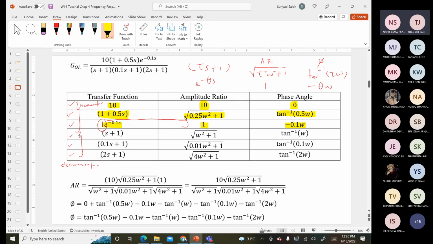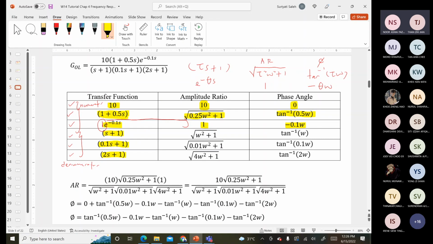For the denominator, you can see all of your transfer functions have the following form, tau S plus 1. The only difference is in terms of your time constant. The first one, S plus 1, the tau is 1. Second one, 0.1 S plus 1, the tau is 0.1. And lastly, 2S plus 1, so the tau will be 2.